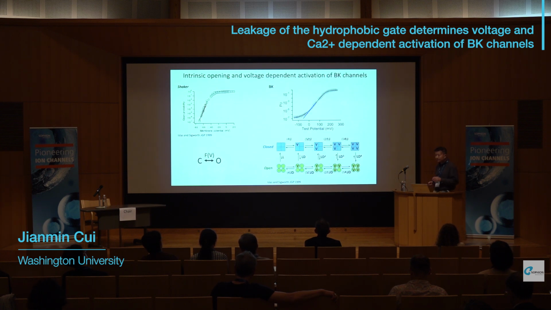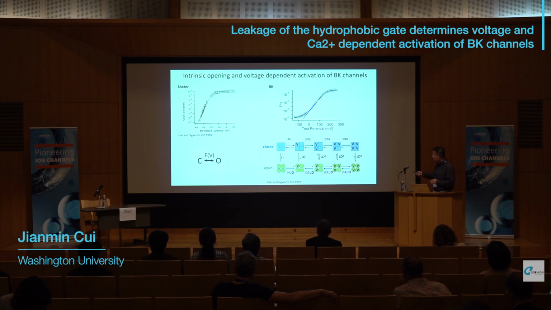Okay, so now the very important and prominent characteristic of this channel is the allosteric gating of this channel. That's a very different mechanism from canonical voltage-dependent channels, such as the Shaker potassium channel.